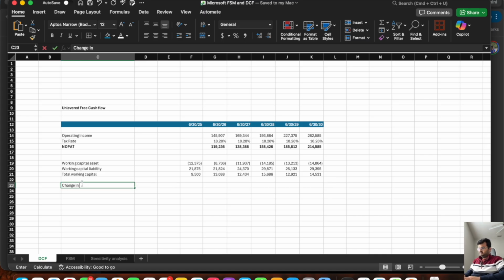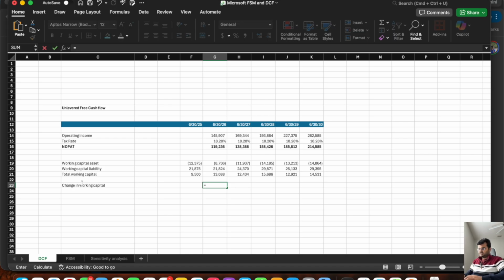But what I need is just the change in working capital, because by the end of the day, if you remember, in the cash flow statement, cash flow from operation, we'll only have the change rather than the entire value. So we will just evaluate these differences. So here the working capital has increased, so we need to include a negative sign here.